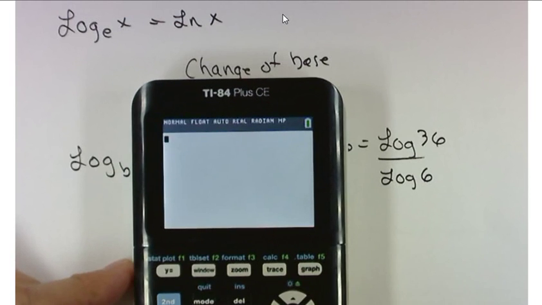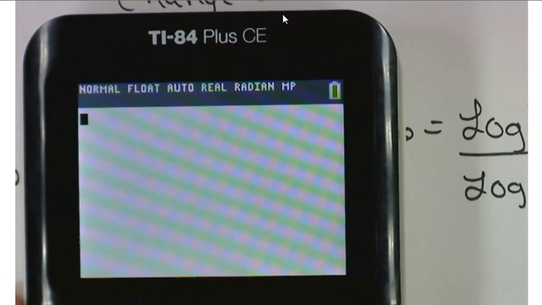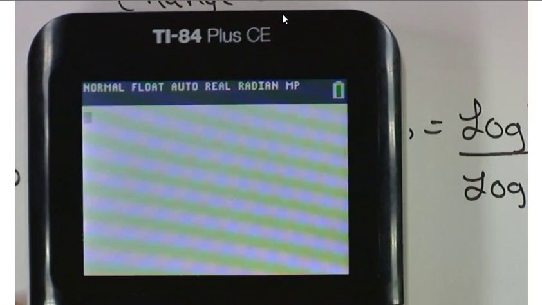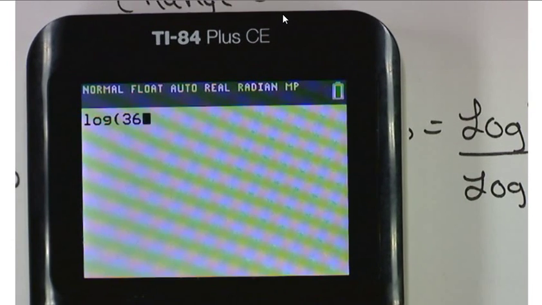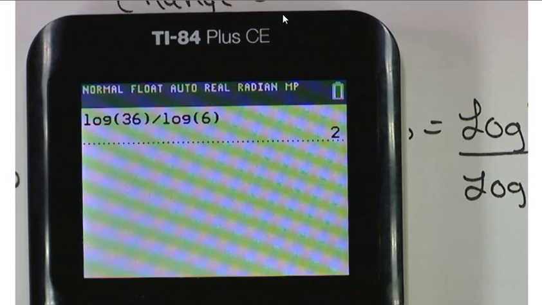So, let me show you two different ways to do this on your calculator. The first one is kind of like the brute force approach. Log of 36, right parenthesis, make sure you close off that log, divided by log of 6. And I should get 2, of course, because 6 to the second power is 36.